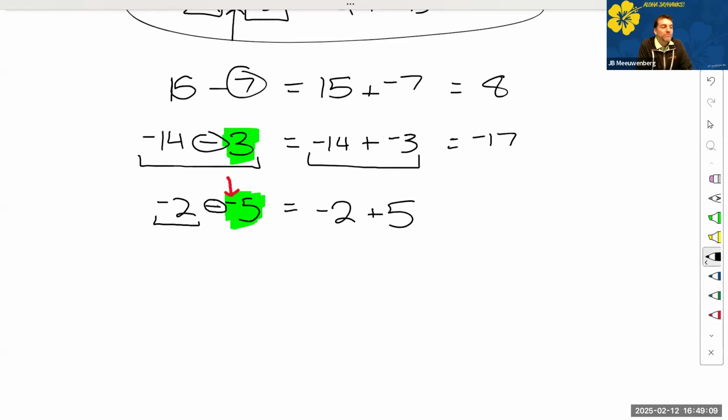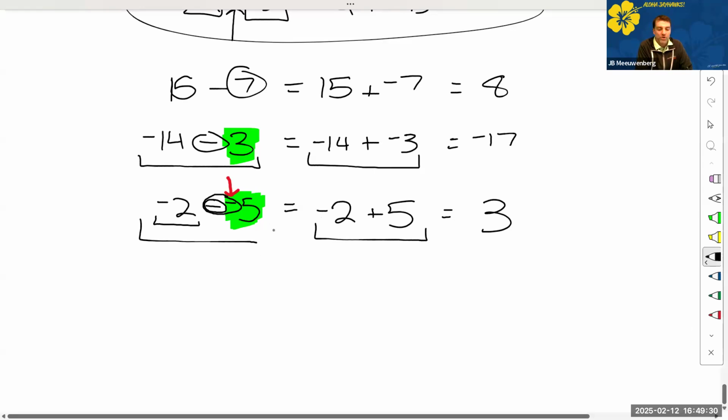Notice how subtracting a negative here really becomes an addition here. And now we have negative 2 plus 5, which is 3. This generally is going to be something that people have a better understanding of, an easier way to picture in their mind than what we started with there.